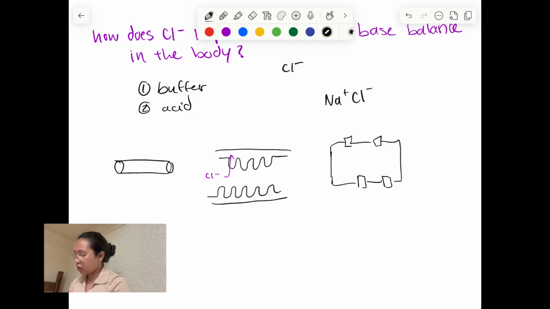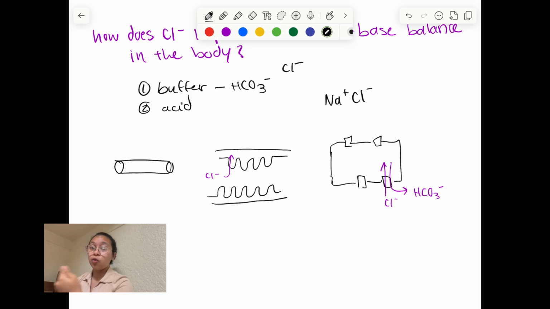So if we're bringing chloride into the cell, chloride has a -1 charge, we have to take something out of the cell that also has a -1 charge. What are we going to take out? Bicarbonate, HCO3-. Does that sound familiar? Yep, bicarbonate is a buffer. Oh look, that's the first way that chloride helps. It excretes a buffer when you put chloride into the cell. So one in, one out, like that.